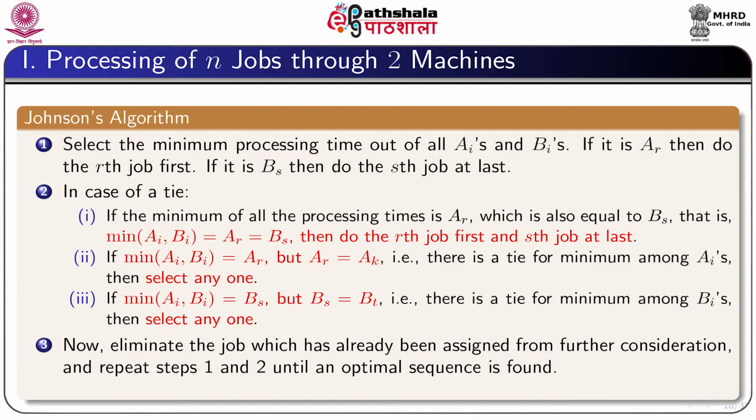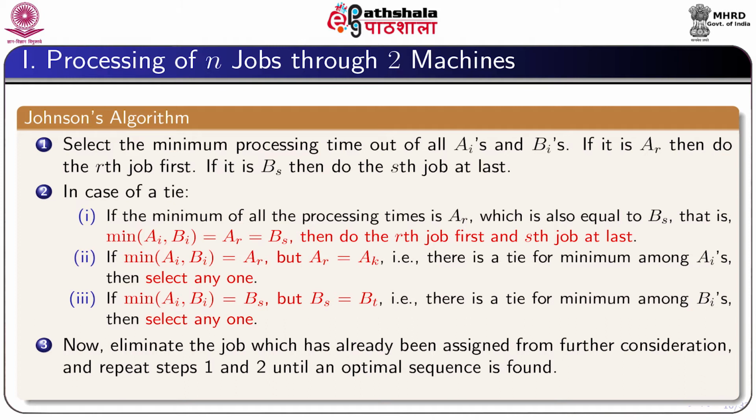Now, if minimum of Ai, Bi equal to Ar, but Ar is equal to Ak, that is, there is a tie for minimum among Ais, then select any one.